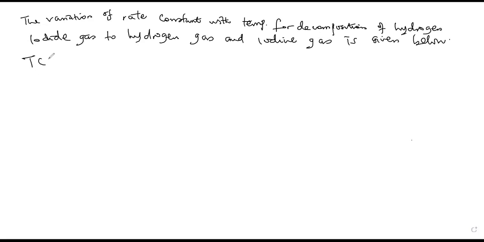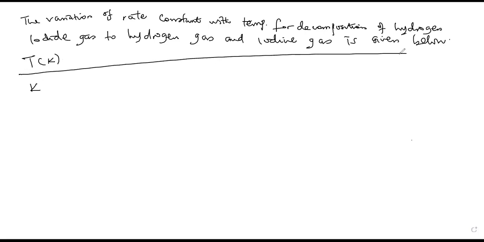So we have temperature in kelvins, and we have the rate constant. Temperature 555, here we have 3.52 times 10 power negative 7.